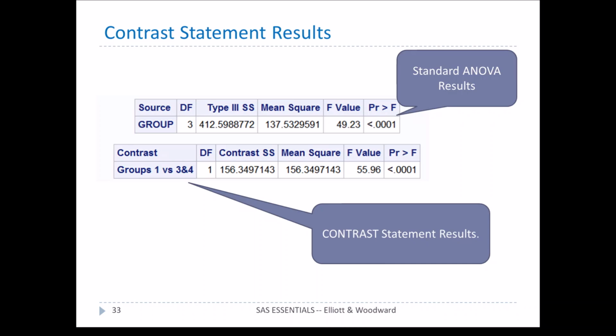So this would reject the null hypothesis that all the means are equal. But instead of doing multiple comparisons, we're going to just do this contrast where we have group 1 versus 3 and 4. Again, we get a p-value less than 0.05. So here is evidence that group 1 versus the combination of 3 and 4 is statistically different.